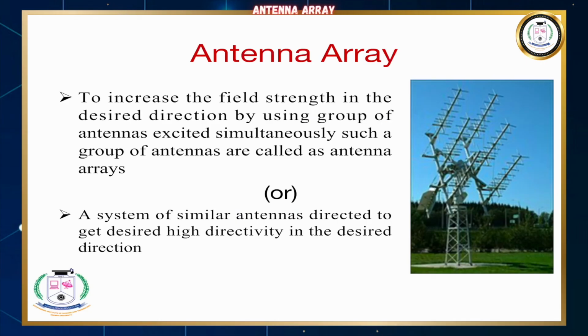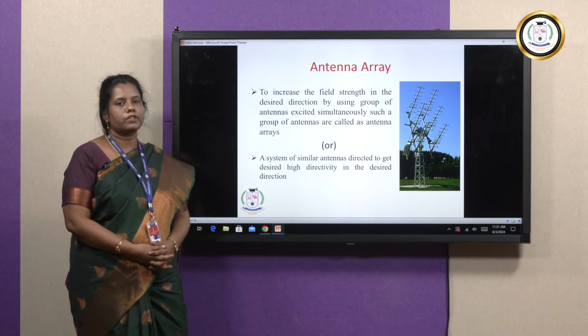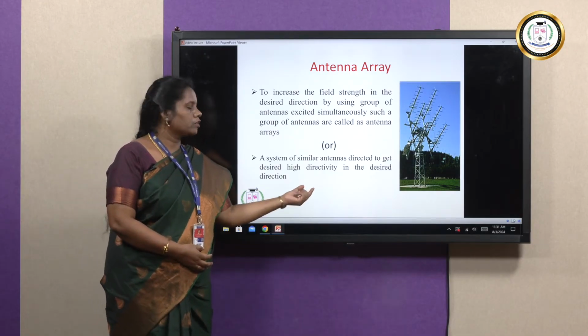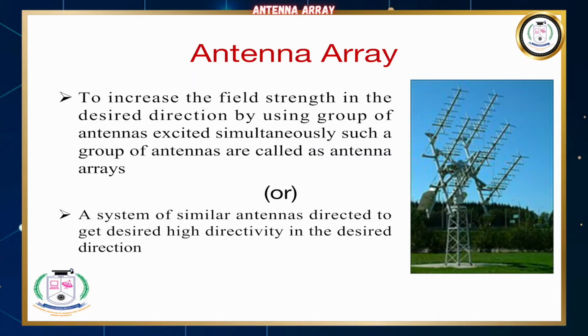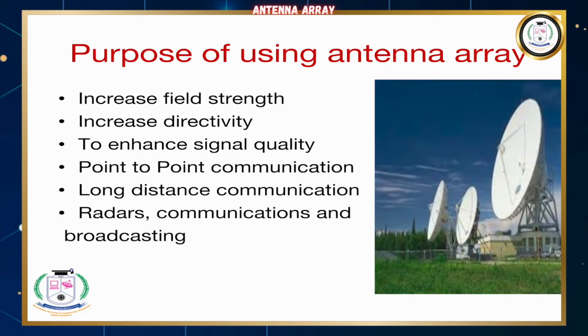Antenna array: to increase the field strength in the desired direction by using a group of antennas excited simultaneously. Such a group of antennas is said to be an antenna array. To improve the directivity and to increase the field strength, we go for this antenna array. To enhance the signal quality, the antenna array is used.